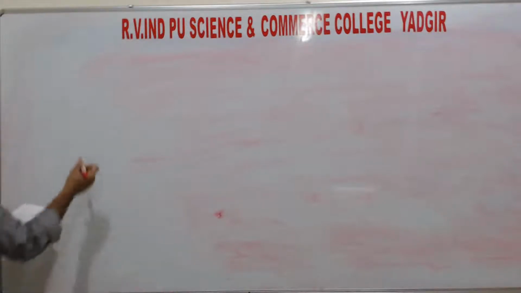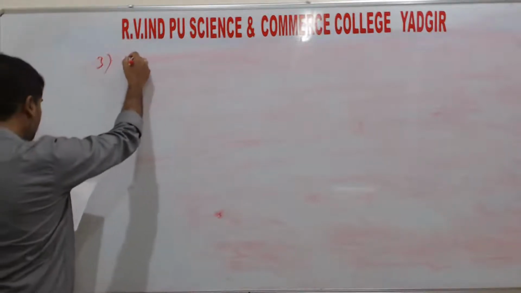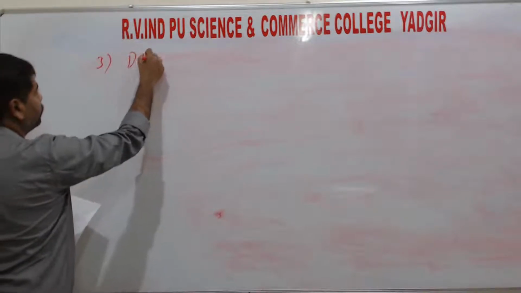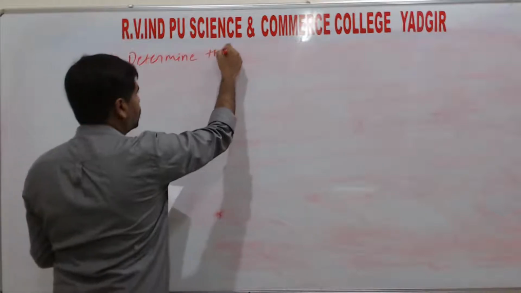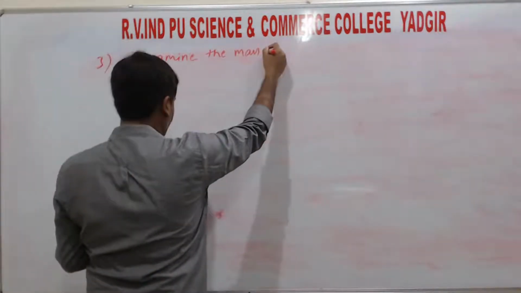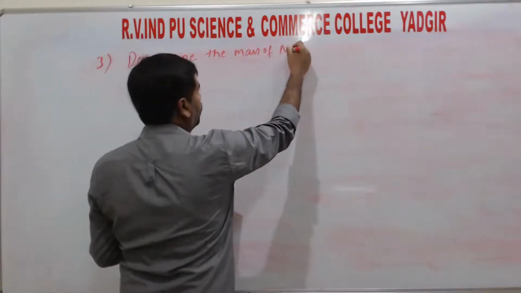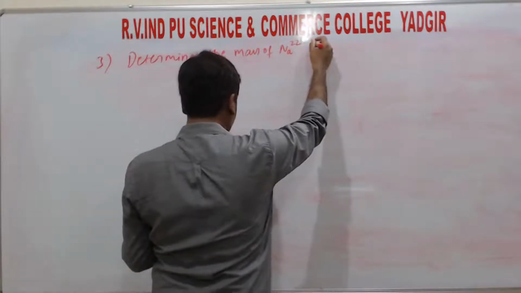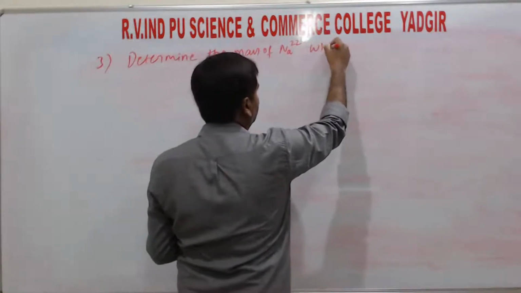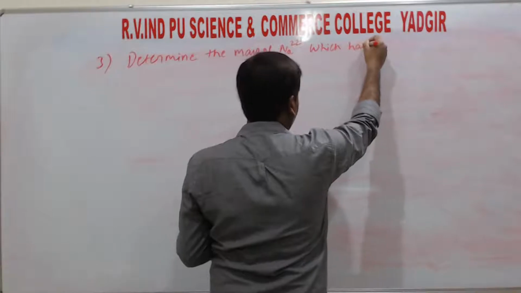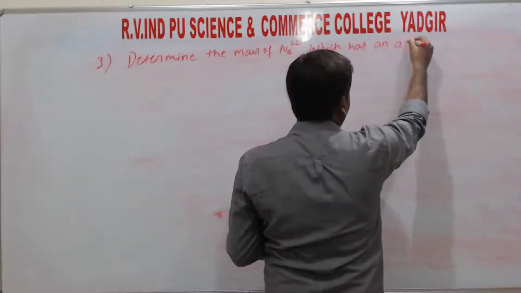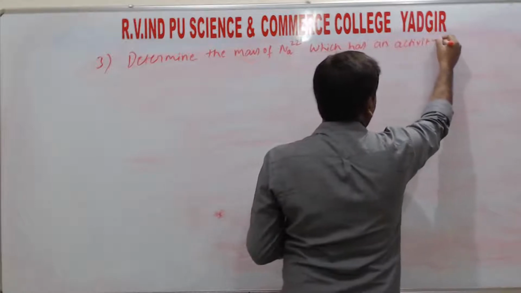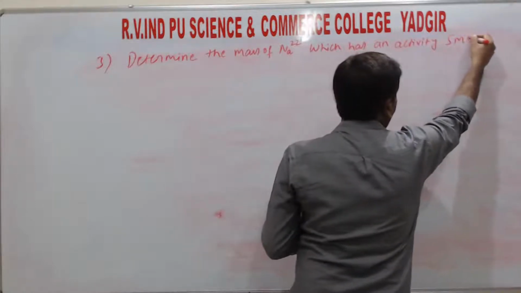So next, third problem. Determine the mass of Na22 which has an activity of 5 millicurie.